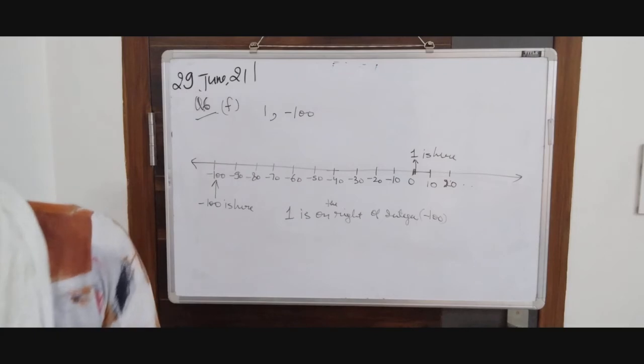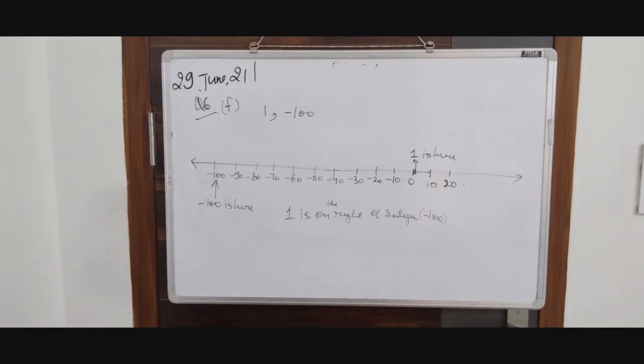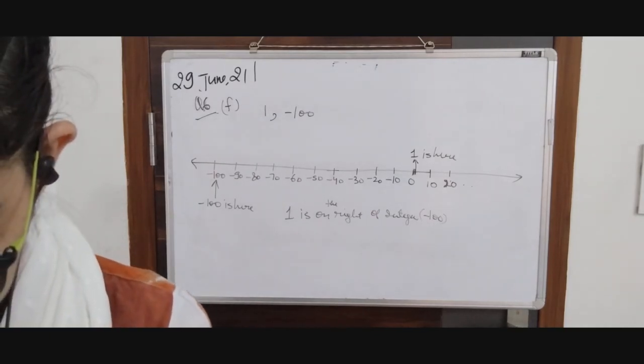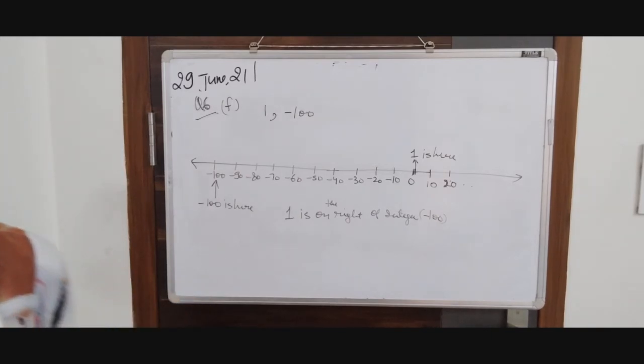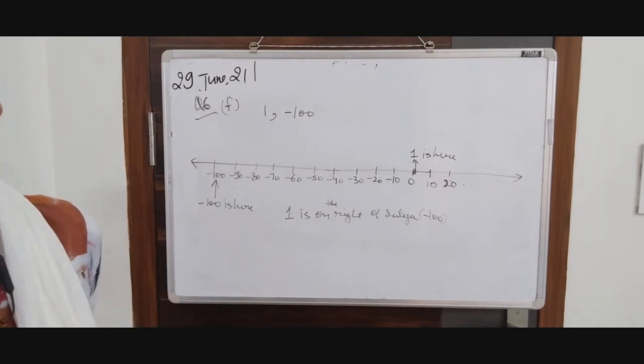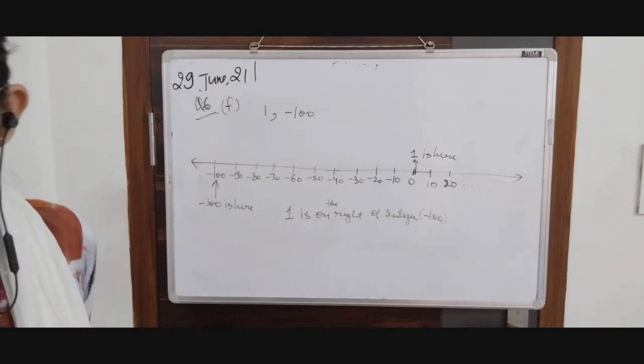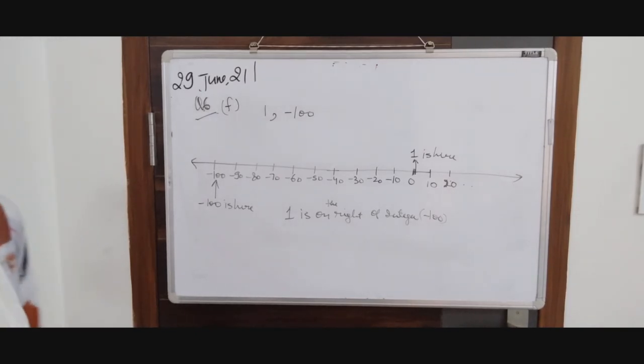Now the next question is question number 7. We have to write all the integers between the given pair, and we have to write them in increasing order.